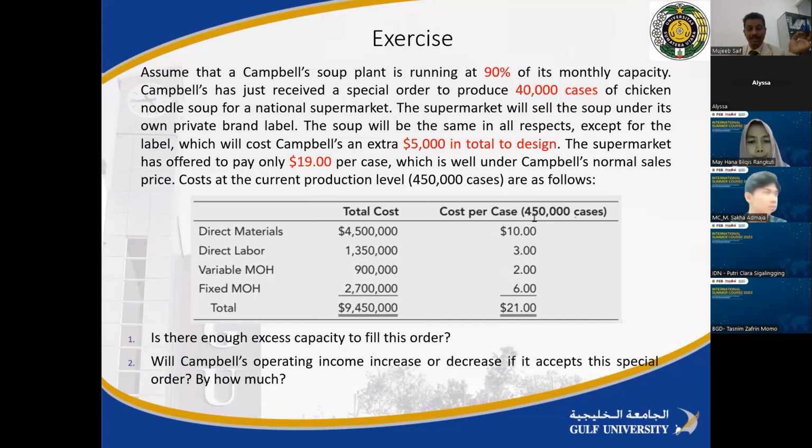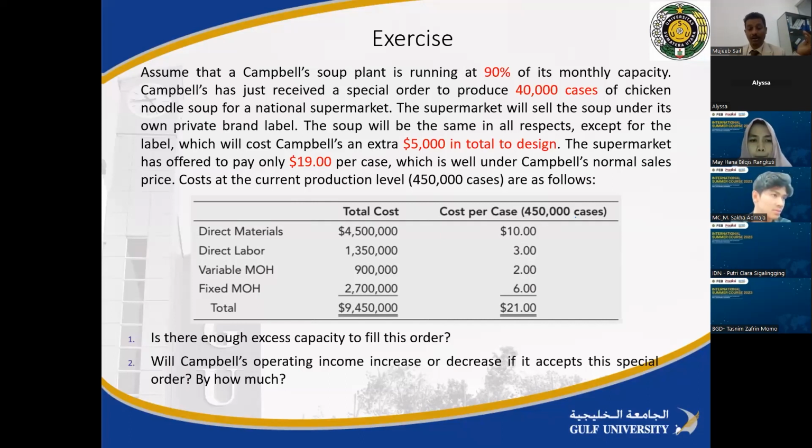That means we will at least cover variable cost, and the remaining amount will help contribute to our fixed cost, right? So this expert managerial accountant has another overview: we should accept this order, as the sales price of $19 will cover at least variable cost.